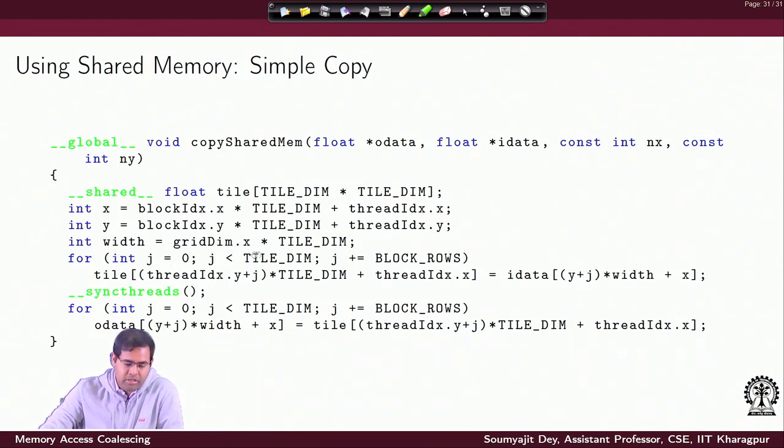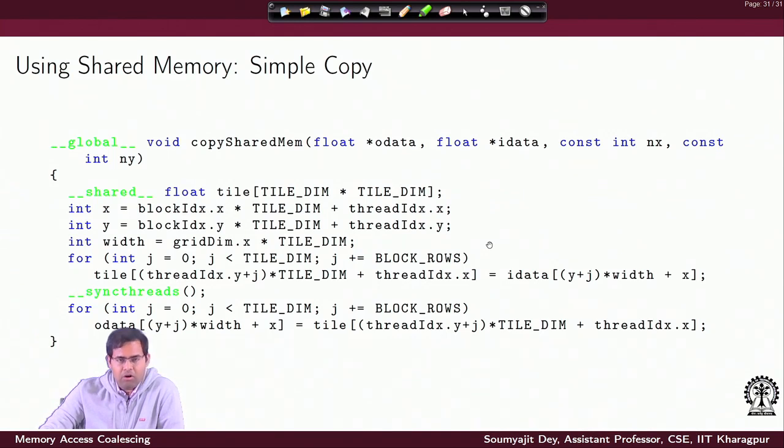In one case the loops will be active, in the other case the loops will only iterate once. But what is going on here? This is a simple copy kernel. That means the data is copied tile wise. Input data gets into a tile, and then that tile full of data goes into the corresponding output matrix, right.